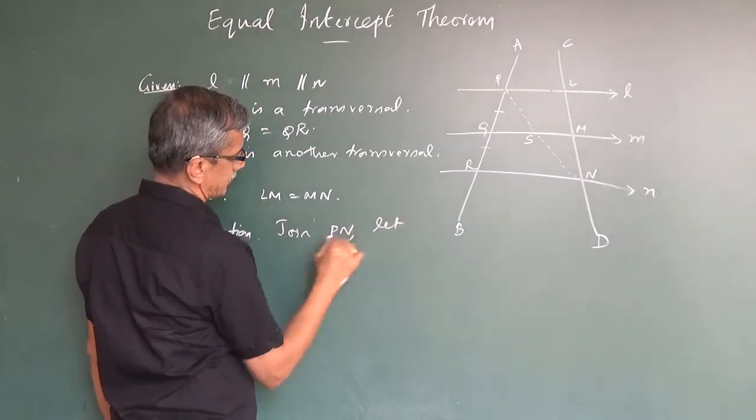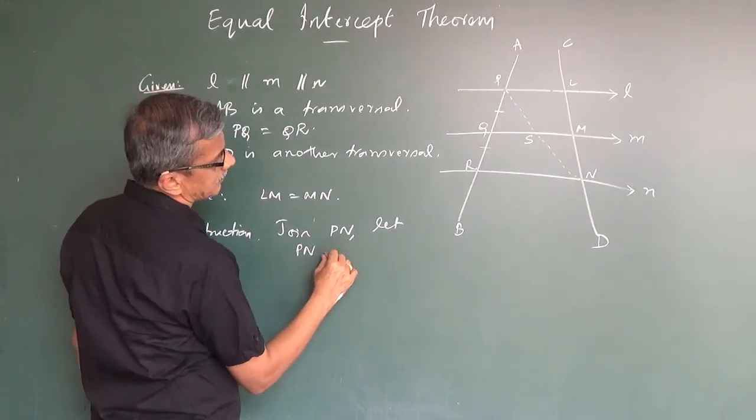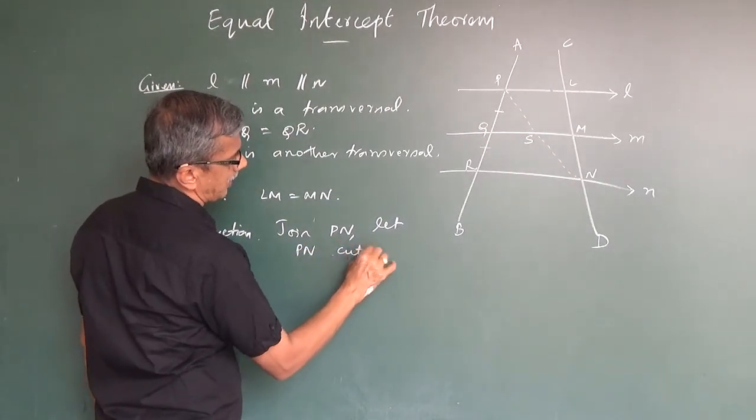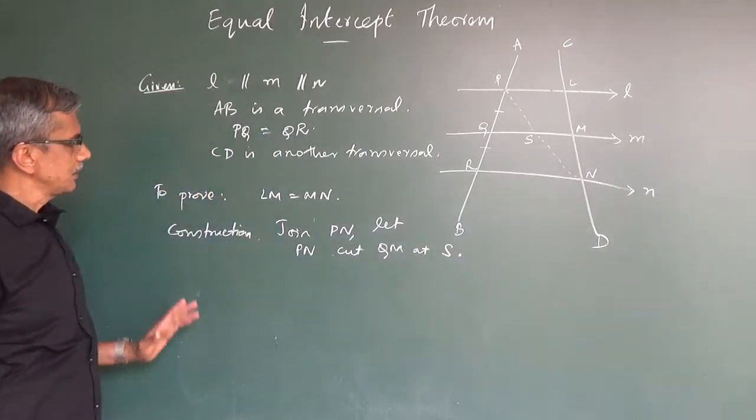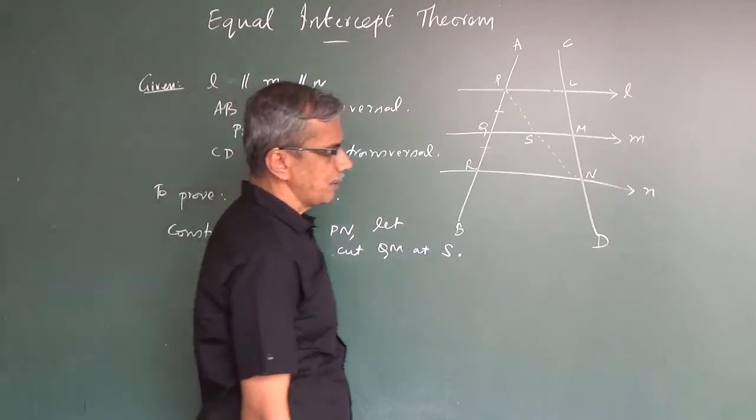Let PN cut line M at S. So these are the three parts. Now we will go to the proof of that.